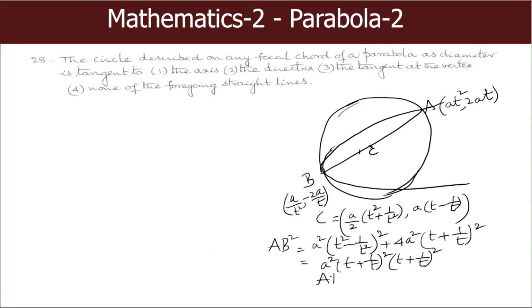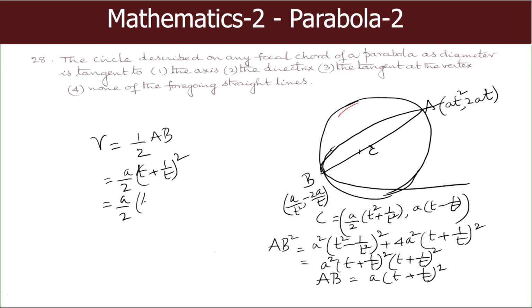Therefore, AB is a(t + 1/t)². So, the radius of the circle is half of AB, half of the diameter, which is (a/2)(t + 1/t)², or (a/2)(t² + 1/t² + 2), that is (a/2)(t² + 1/t²) plus a.